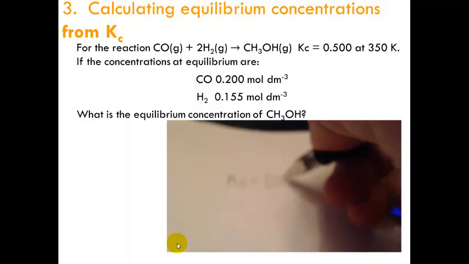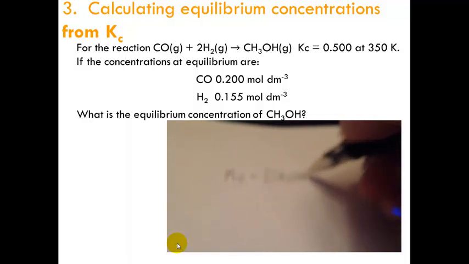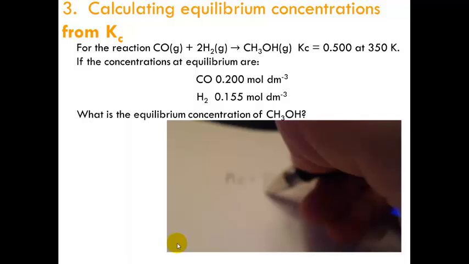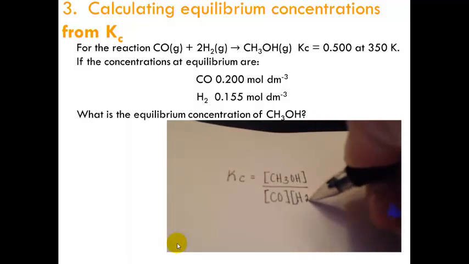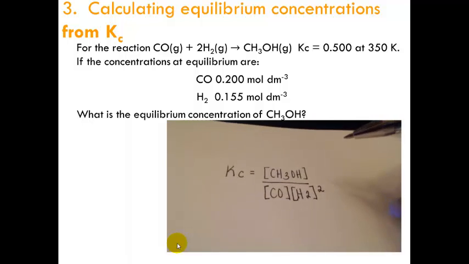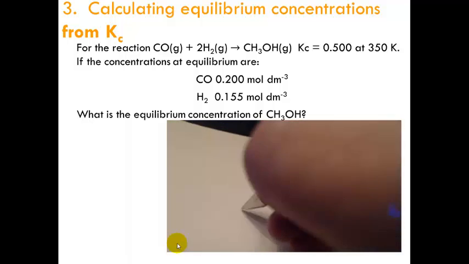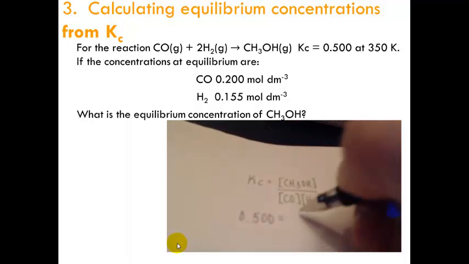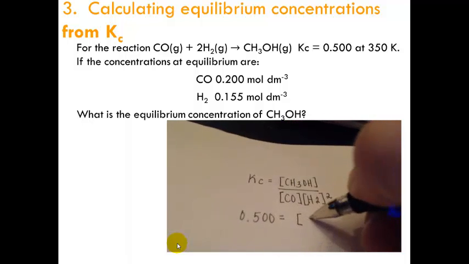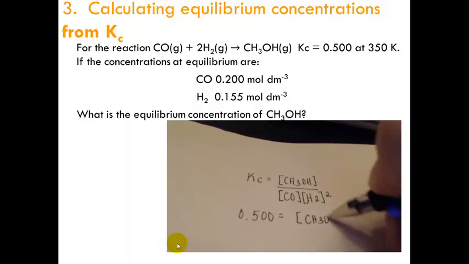So Kc is equal to CH3OH all over CO and H2 squared. And remember, those are all concentrations. So we know Kc is 0.5, so we can plug that in. We don't know the concentration of CH3OH, so we're going to leave that.